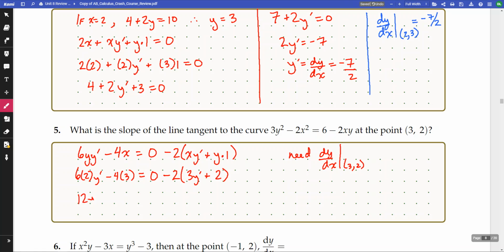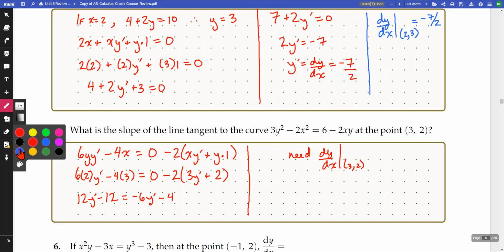So 12y prime minus 12 is going to be equal to negative 6y prime minus 4. If I move my items around, let's add 6y prime to both sides and add 12 to both sides.